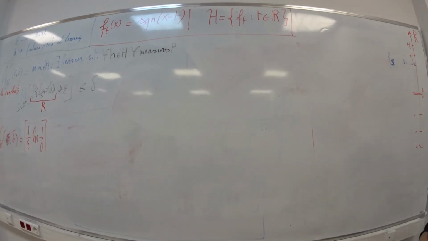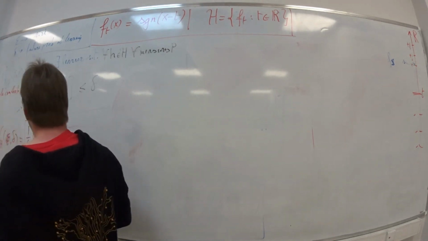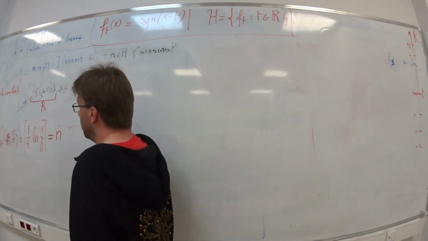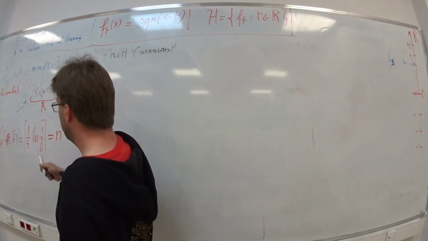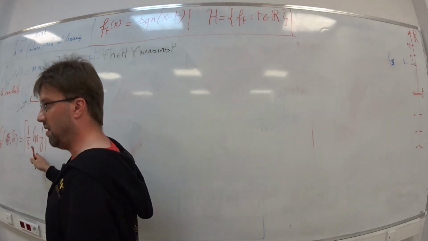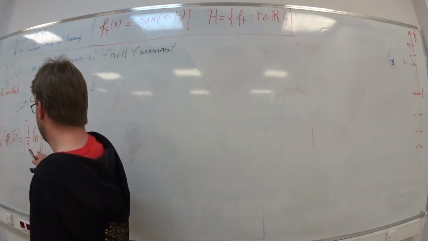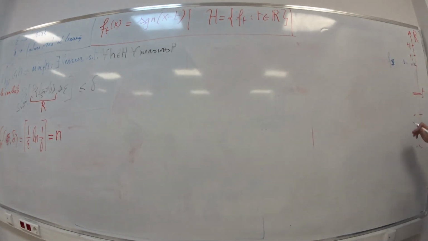And now I need to claim that if we set this equal to n, then the error probability, so the probability that the output f_s is bad, that f_s has risk at least epsilon, is bounded by delta for this value of the training size.